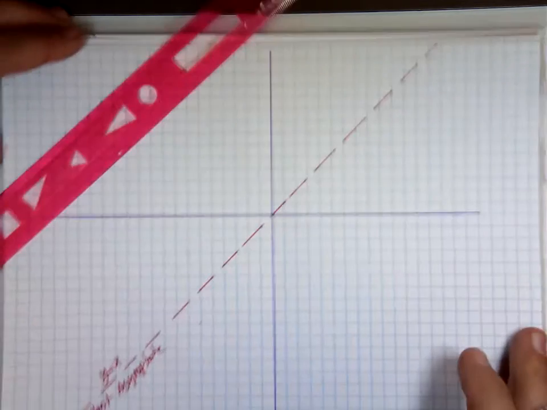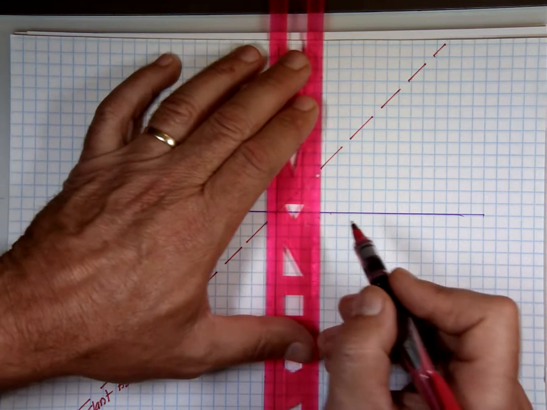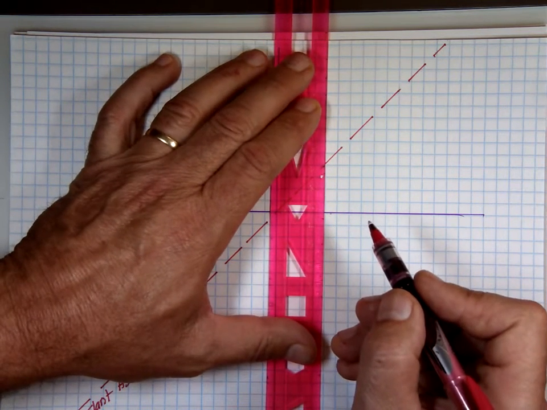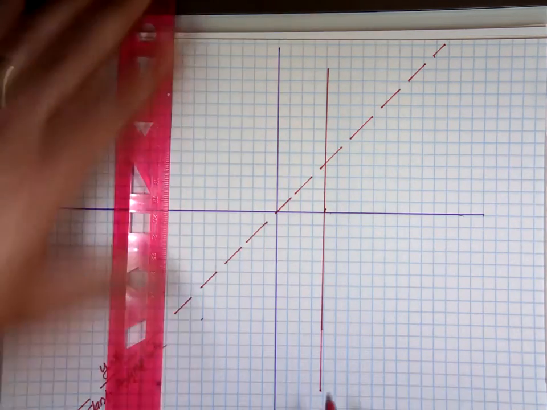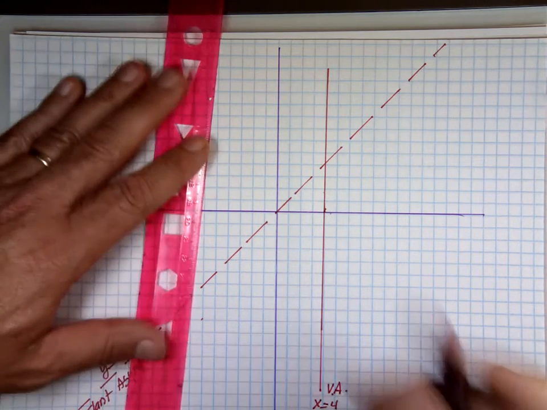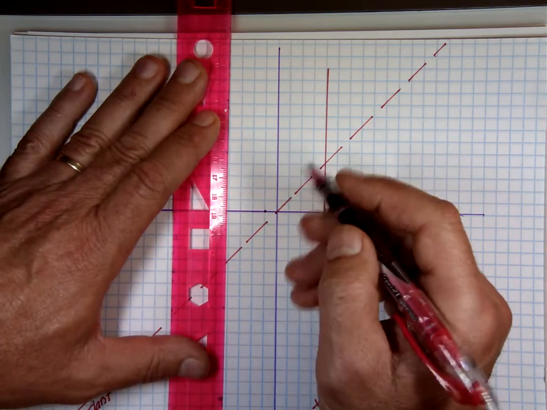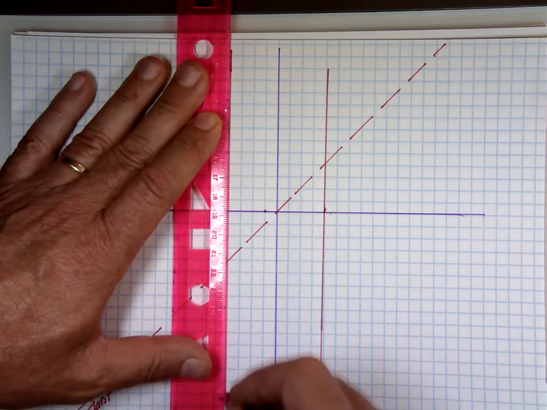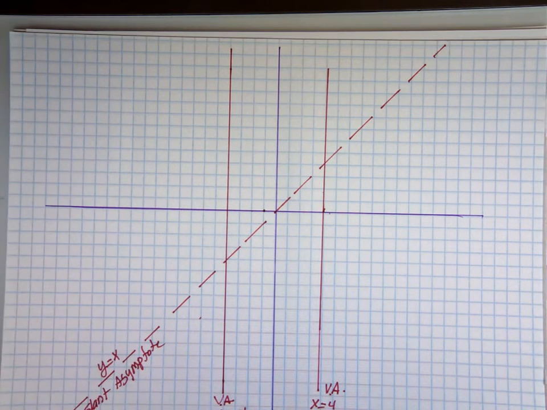We have x-intercept where? -4 and 4? 1, 2, 3, 4. I mean vertical asymptote. I'm sorry, I didn't do the x-intercept yet. X equals 4. That's your VA. X equals -4. 1, 2, 3, 4. That's my vertical asymptotes. When I'm ready to graph, I'll look at these. That's what I know so far.